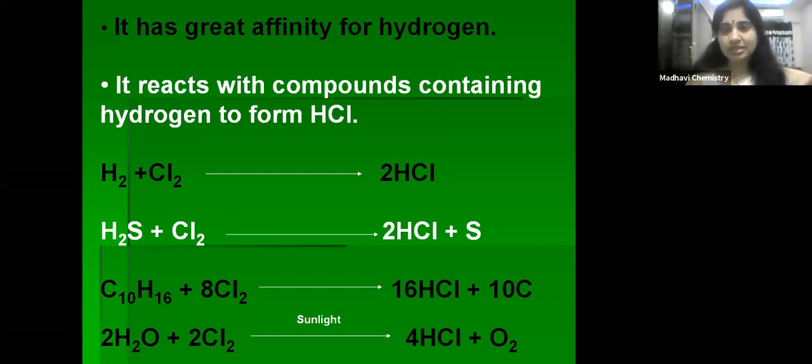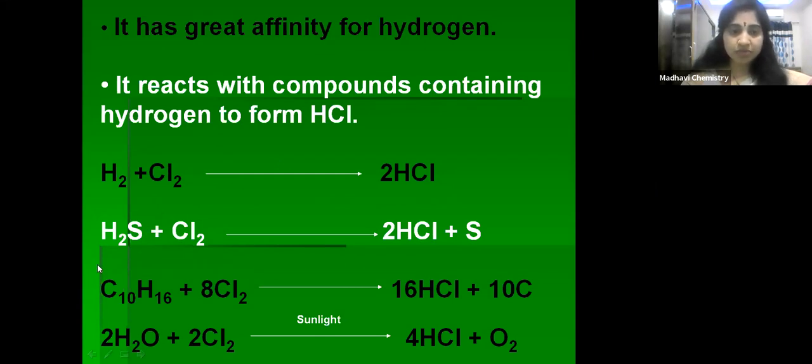Next, it has great affinity for hydrogen, so it reacts with compounds containing hydrogen to form HCl. Great affinity means it reacts readily with compounds which have hydrogen. For example, chlorine reacts with hydrogen to give 2HCl, and with hydrogen sulfide, H2S, it gives HCl plus sulfur.